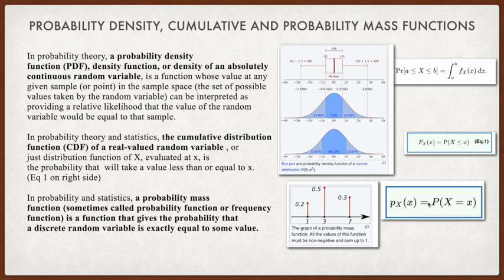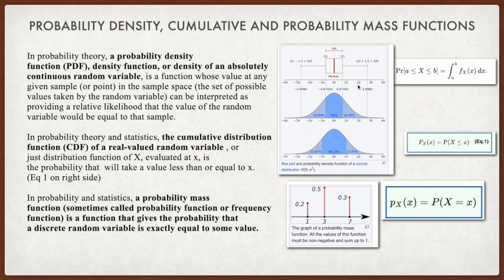So Q1 and Q3 form the box, and after the box, the line represents the range, 1.5 times the quartile range from Q1 or Q3. That defines the range, and the values which lie outside it are considered outliers. So that's how the box plot works, and here there are no outliers.